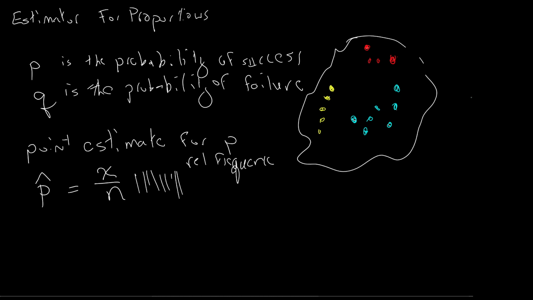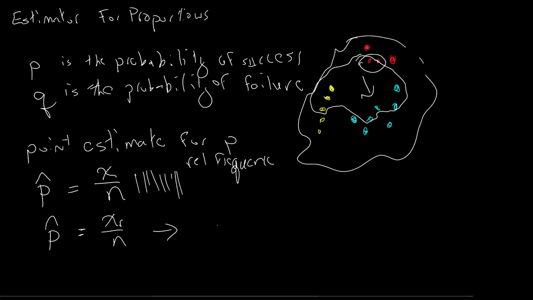If I take a sample and grab a sampling of this space, the proportion of the red dots in the sample should be an estimator for the proportion of the red dots in the population. So what we're saying underneath it all is my sample's proportion of red dots, x red over n, try to count all the reds, should estimate the population's proportion.